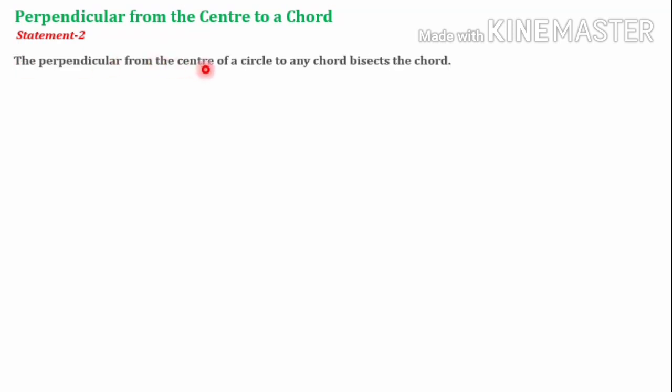Next we shall discuss the perpendicular from the center to a chord. This is statement number 2 and result number 2. We have to learn it by heart and go through it very carefully. The perpendicular from the center of a circle to any chord bisects the chord. Perpendicular means the angle between the two lines should be 90 degrees.